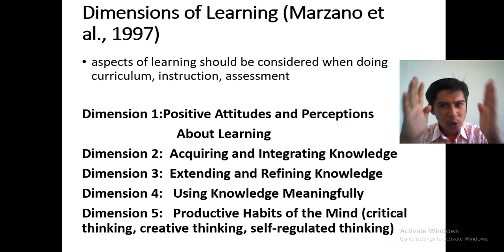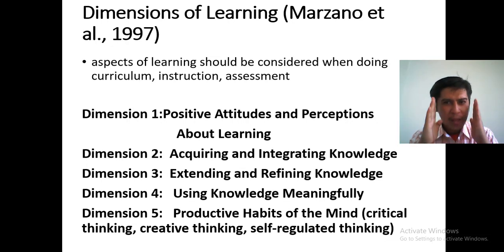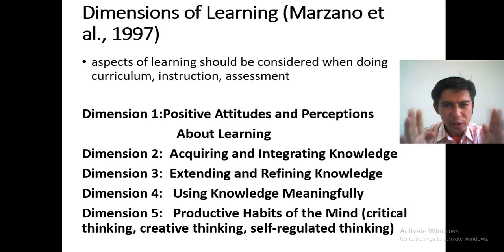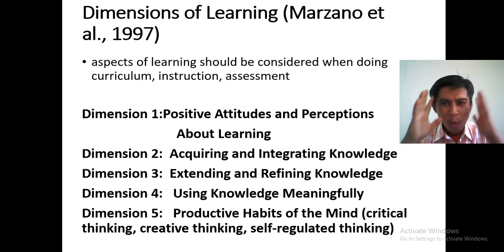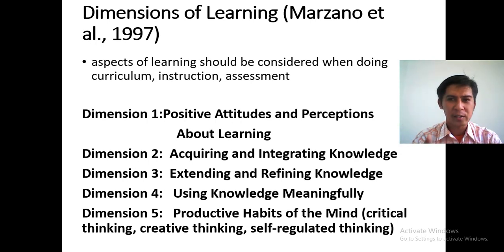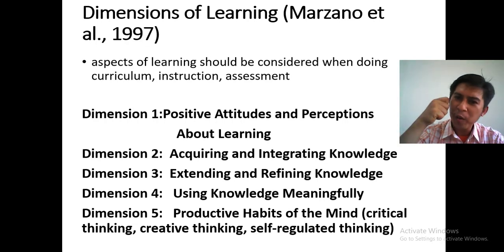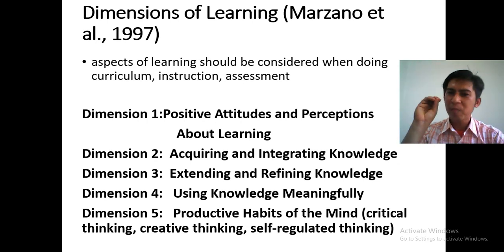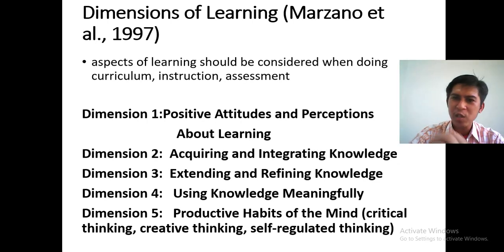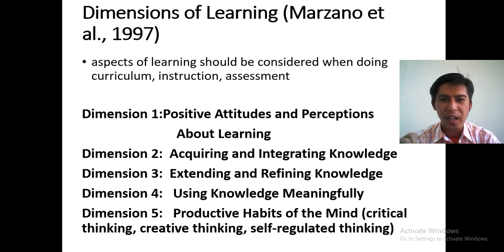So when you look at your module, you'd say, am I developing positive attitudes and perceptions on learning here? What are the strategies I'm employing? So integrate a strategy, an approach where you can develop positive attitudes towards learning, and help students through a learning strategy acquire and integrate knowledge.